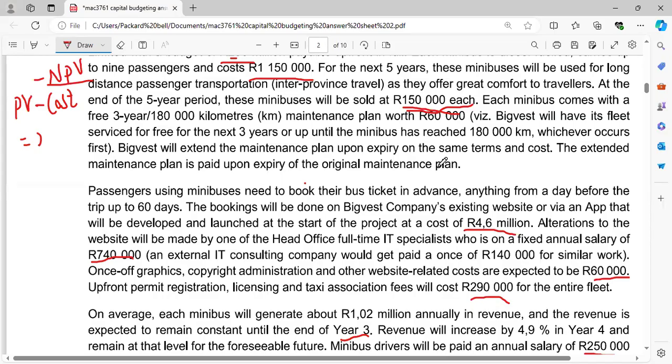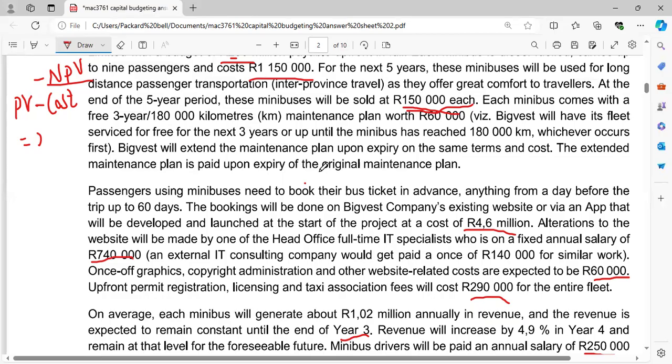The first 3 years are going to be free. Then after 3 years, they say which occurs first. Vest will extend the maintenance plan upon expiry on the same terms and cost.